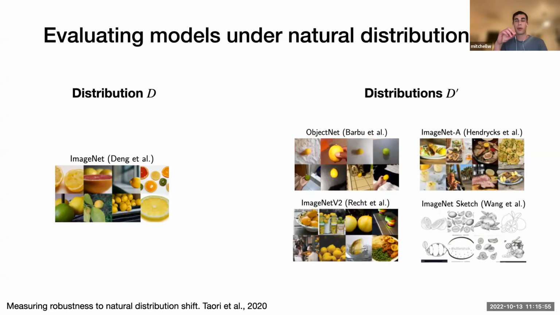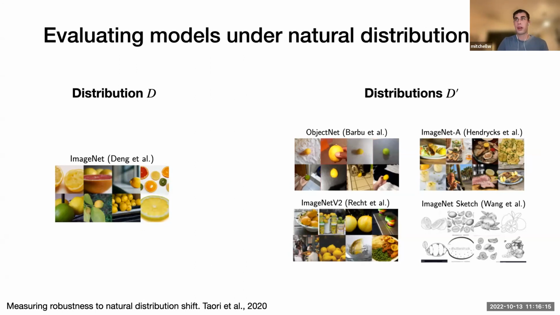So people are really interested in how our models perform on related but different distributions, which is something we need to care about as we deploy models in the real world, because the real world is likely not going to be representative of the data on which we train.